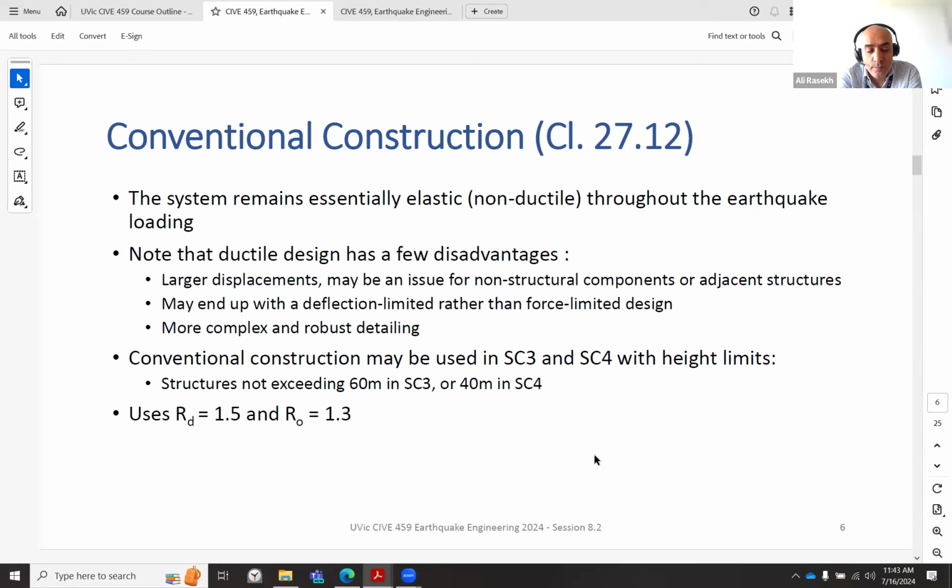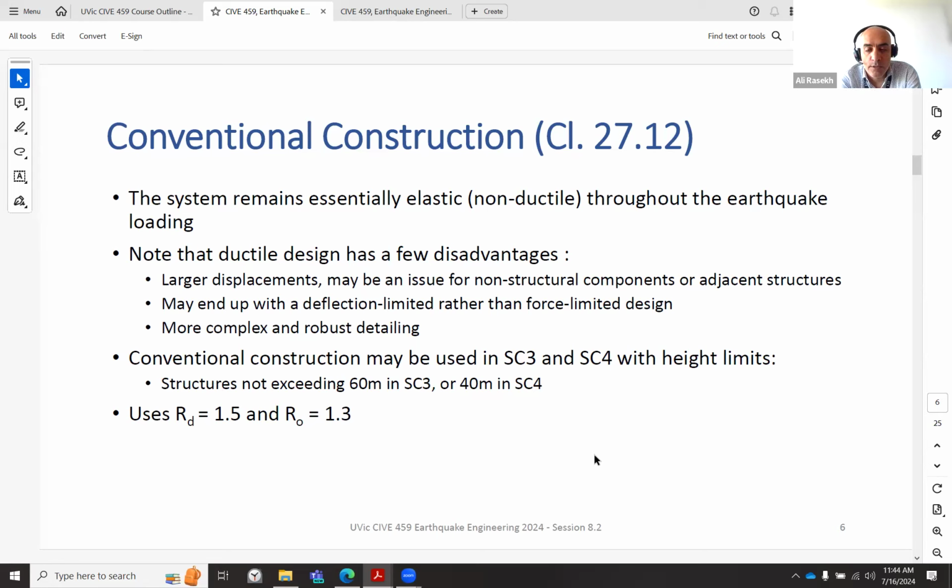And then at the bottom of the list, detailing a ductile system is more complex, and the design of it is more complex as well, with all those capacity protection requirements, etc. So it's a complex process, but it's kind of rewarding because it reduces the seismic load on the structure.